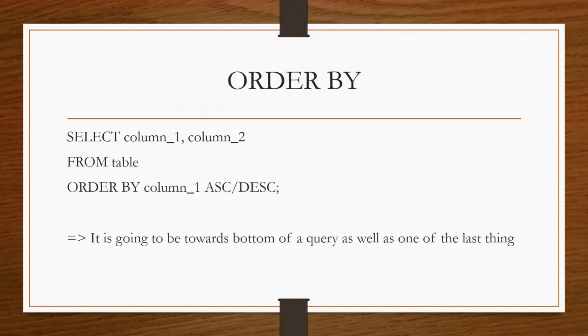Notice ORDER BY comes towards the end of a query, since we want to do any selection and filtering first before finally sorting. We will say SELECT column_1, column_2 FROM table ORDER BY column_1 ASC or DESC. So ORDER BY is going to be towards the bottom of a query.